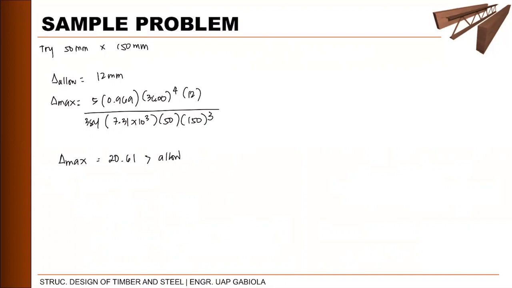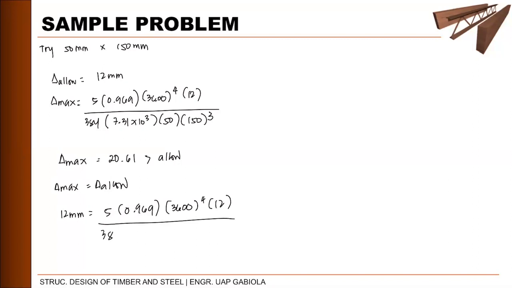So, para makuha natin yung papasa dun sa allowable, baliktarin natin yung process, no? I-equate natin na yung maximum natin equals dun sa allowable natin. Okay? So, magiging 12 mm is equals to 5 times 0.969 times 3,600 to the fourth times 12 all over 384 times 7.31 times 10 cube times 50 times D cubed.